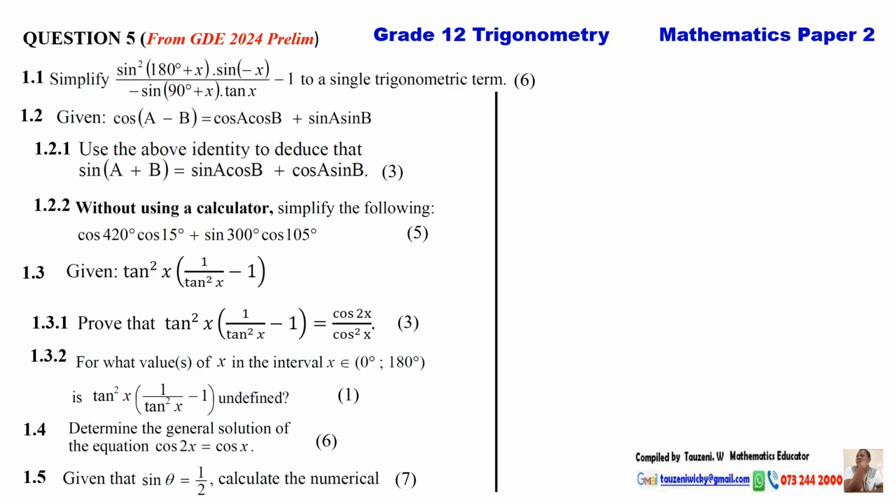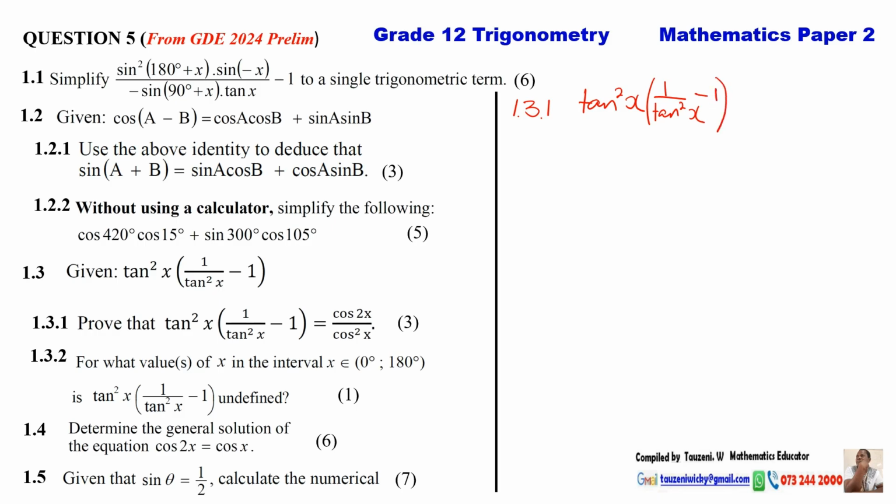Right. Question number 1.3.1. We are given an identity that we need to prove. Very nice and cute. So tan squared x, divided by a tan squared x factor of 1 over tan squared x minus 1.